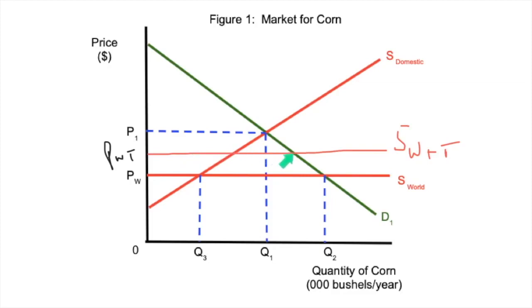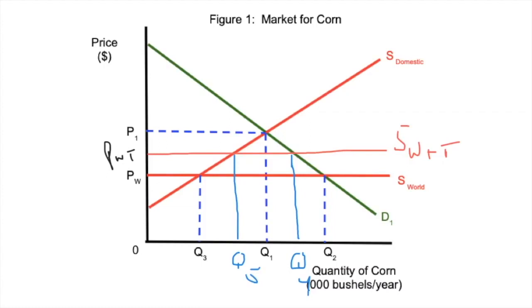To PW plus T, and that's going to create a new equilibrium in the market for corn in the United States right here, right? And so that is going to be Q4, and we have another intersect right here, which we'll talk about in a second, okay? So just to draw the diagram, that's what it looks like.